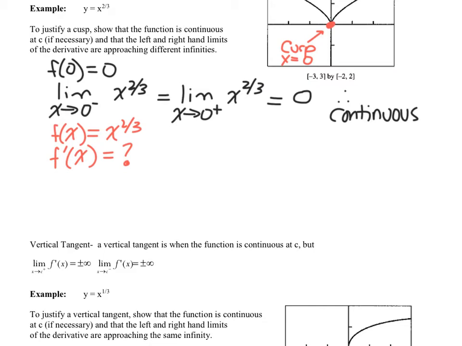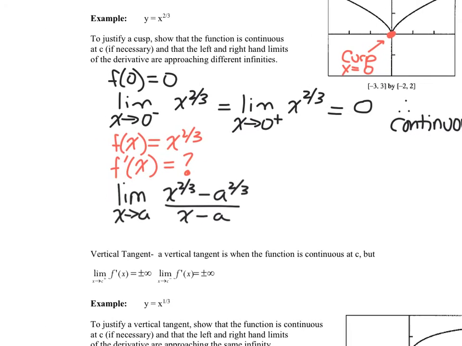All right, so this is a little bit more of a doozy because you have to figure out the derivative first. The limit as x approaches a of x to the 2/3 minus a to the 2/3 over x minus a.